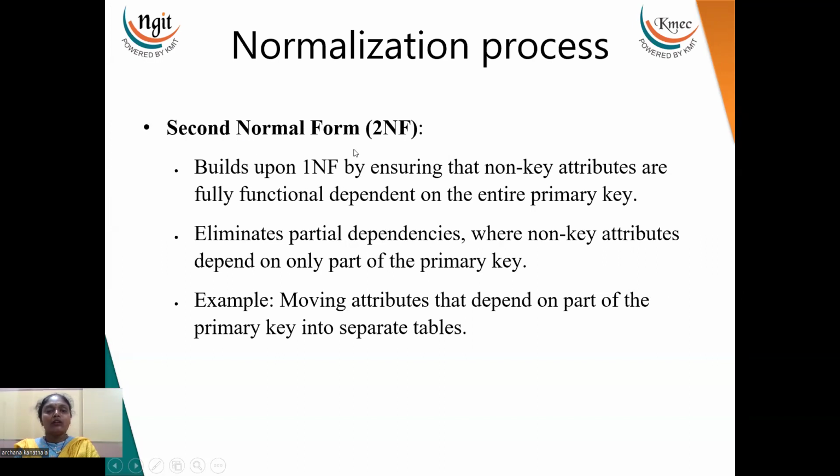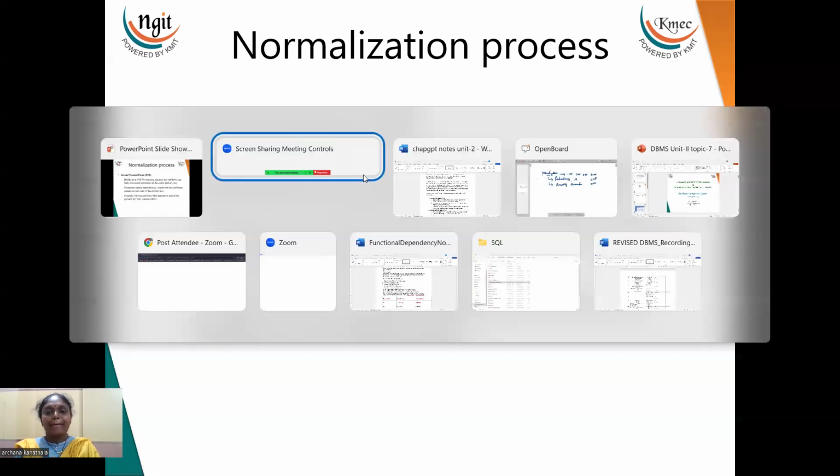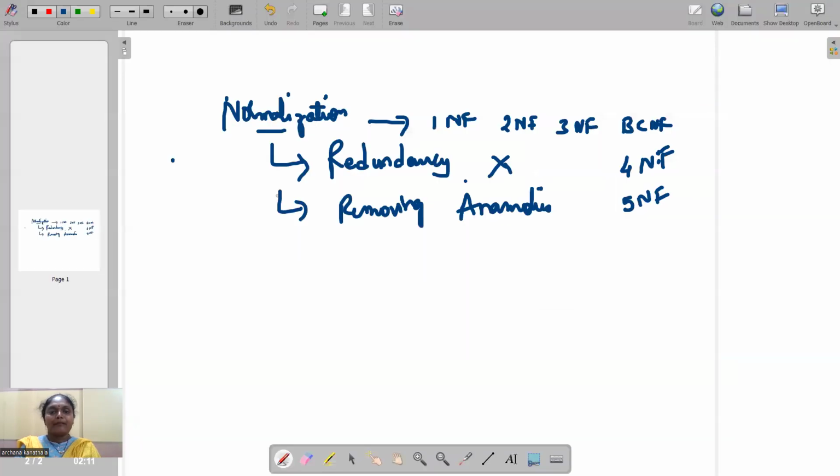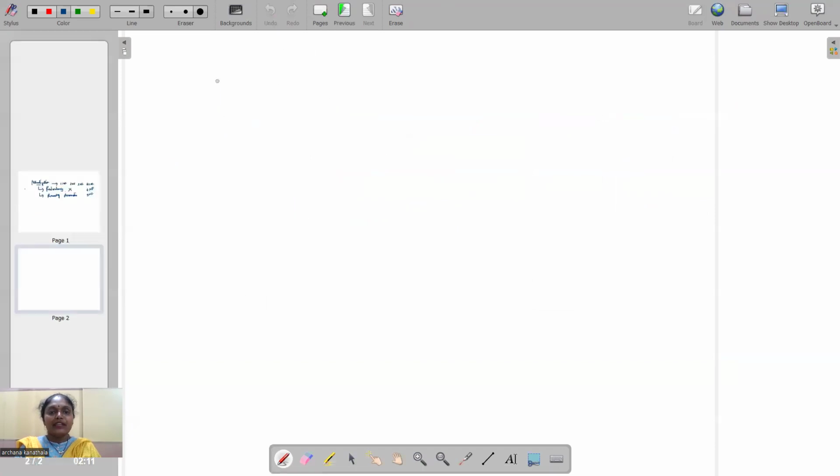Now, what is fully functional dependent? If we say that X is dependent on Y.